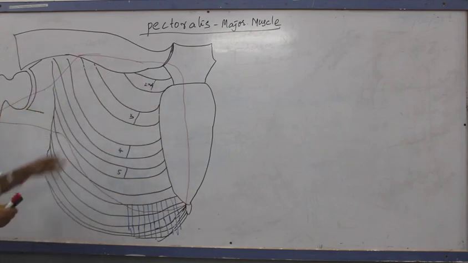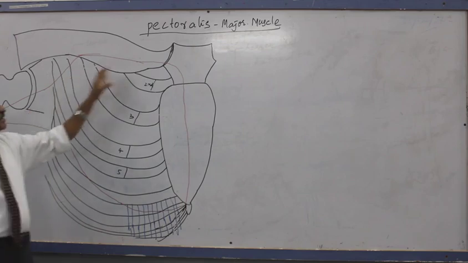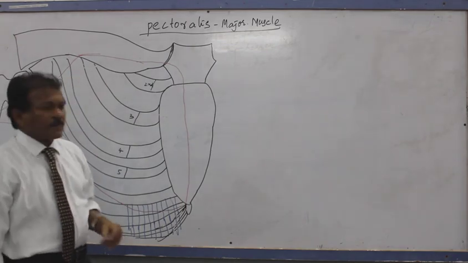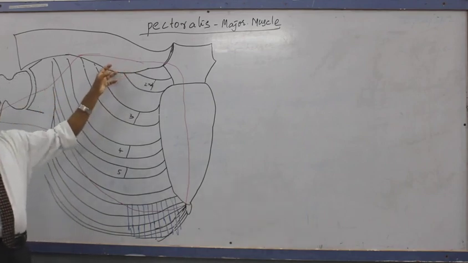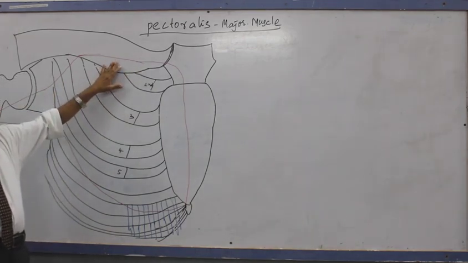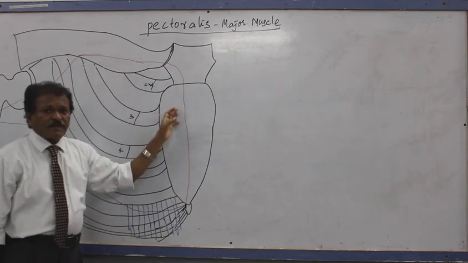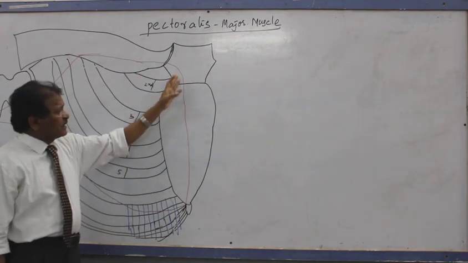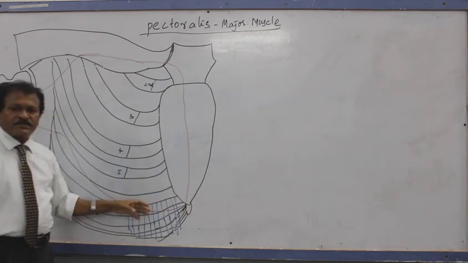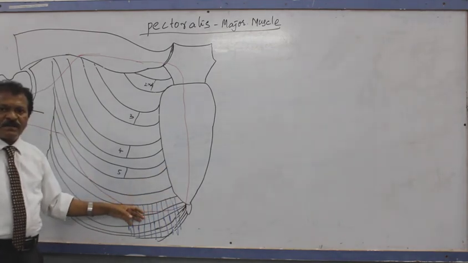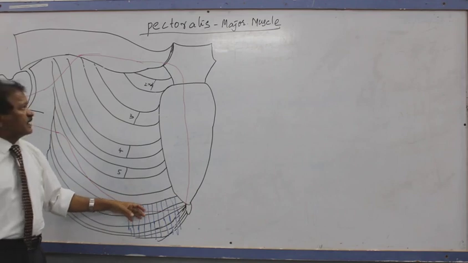The pectoralis major muscle arises by three types of muscle fibers. One is the clavicular fibers, otherwise called the superior fibers of the pectoralis major. The sternal fibers arise from the lateral half of the sternum, and the abdominal fibers are otherwise called the inferior fibers of the pectoralis major.